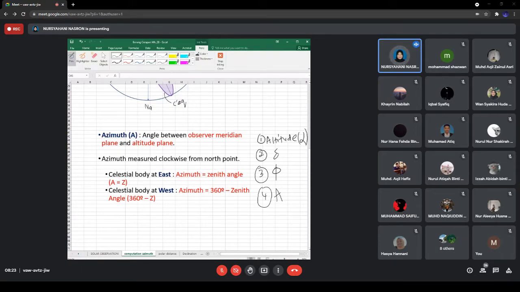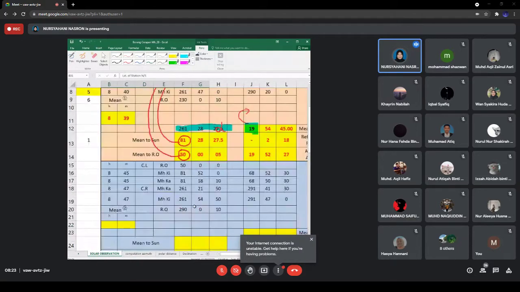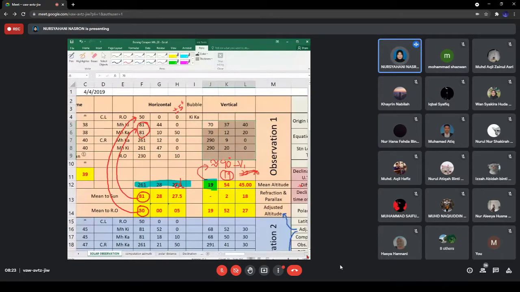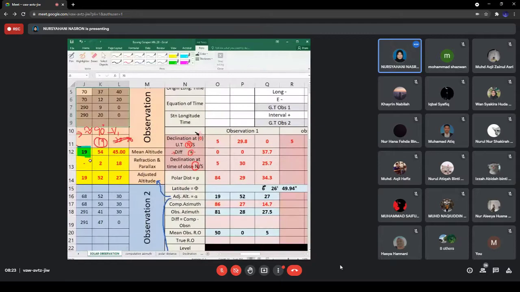Altitude we get from vertical angles. You get the mean altitude, and then you do the correction for refraction and parallax. Then we get the adjusted altitude.